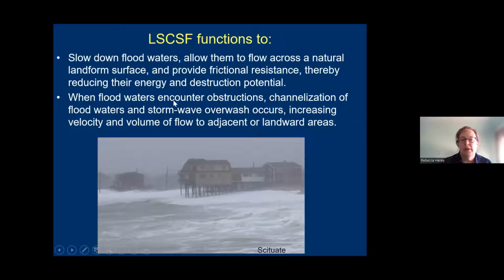So when floodwaters encounter any kind of obstruction, you can get redirection or channelization of floodwaters, particularly moving floodwater and waves around objects. And so it's important to understand what the flood conditions are at the site so that you can avoid that redirection or channelization onto others.